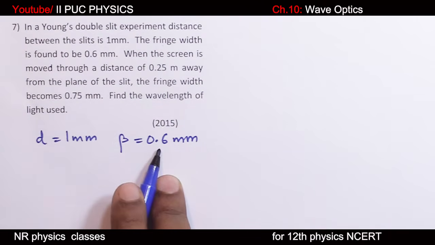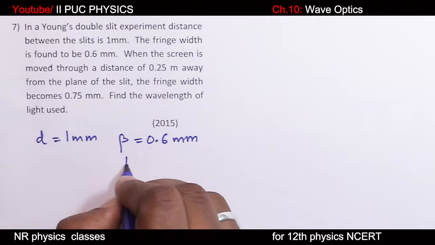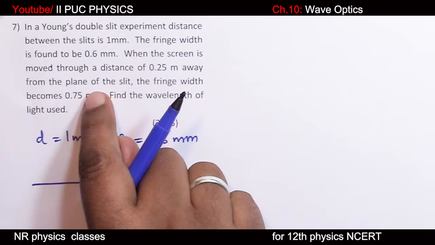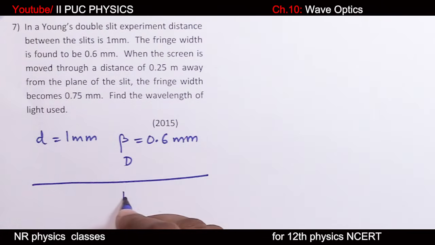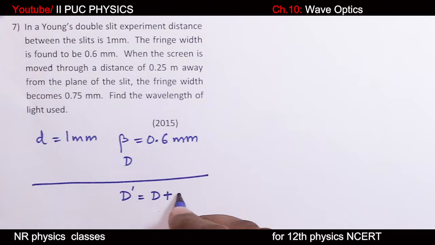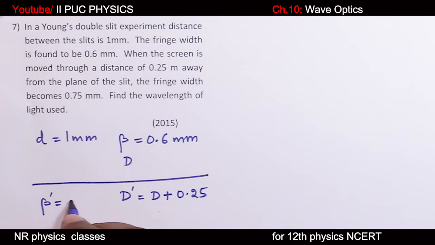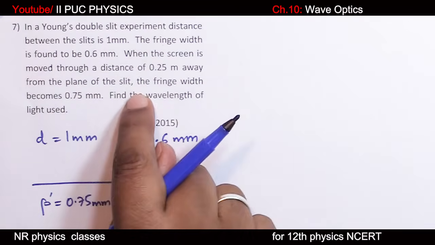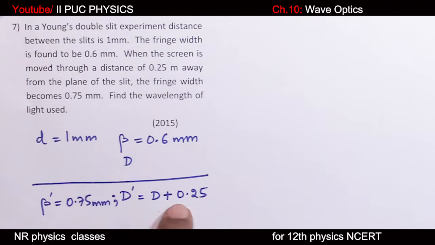For this, the distance is capital D. Now the screen is moved away by 0.25 meter, so the new D' equals D plus 0.25. Find the wavelength of light used. So they are asking lambda.